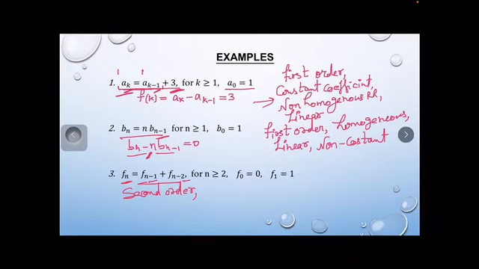And is this homogeneous or non-homogeneous? This is homogeneous, right? Because fn equal to 0 here, so this is the homogeneous recurrence relation. And is it linear or non-linear? Here the highest power of the recurrence terms is 1, so this is the linear recurrence relation. Constant or non-constant coefficients?